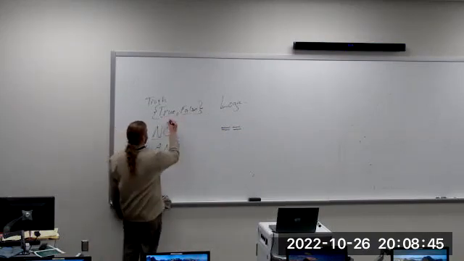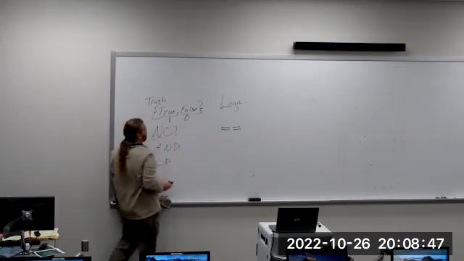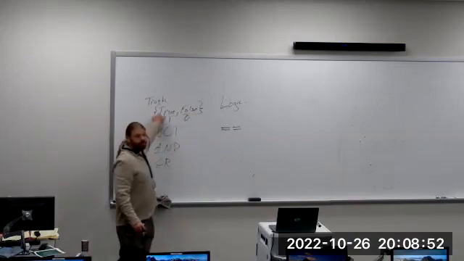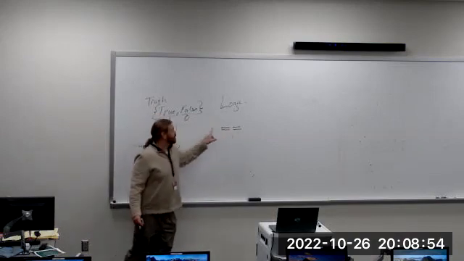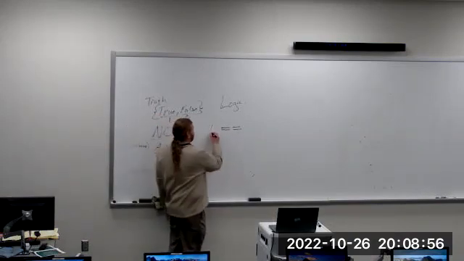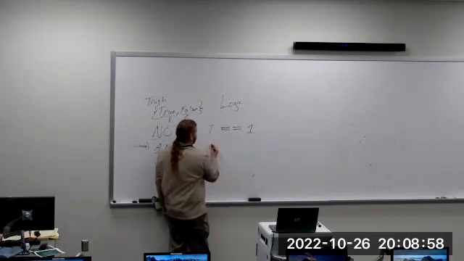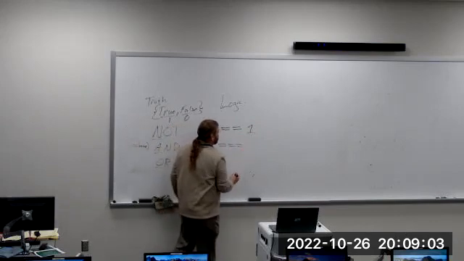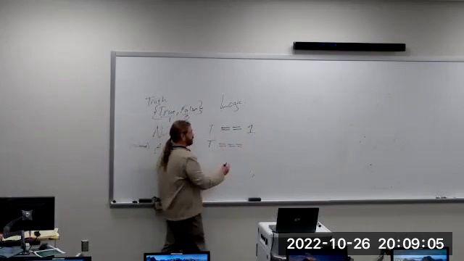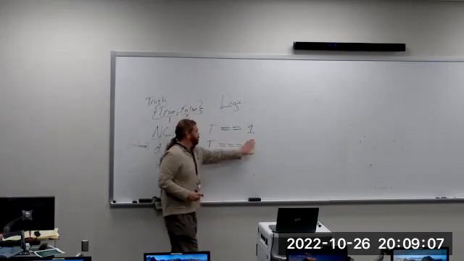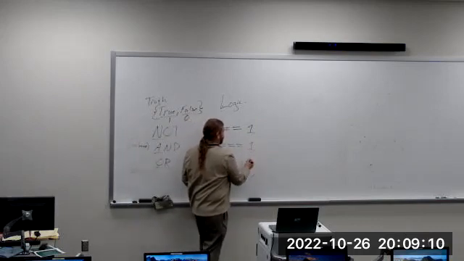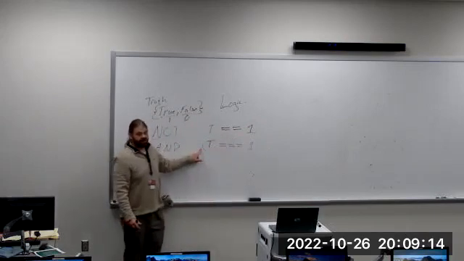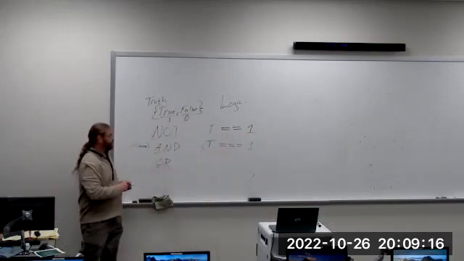For example, true and false, we typically would represent those as ones and zeros. So true is equal to 1. True is equal to 1, but true with three equal signs is strictly equal. True is not strictly equal to 1. I should write that in red.